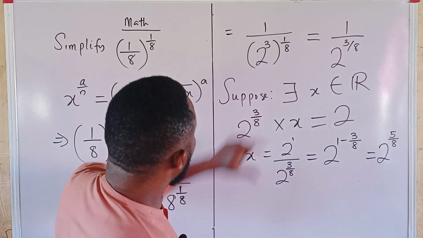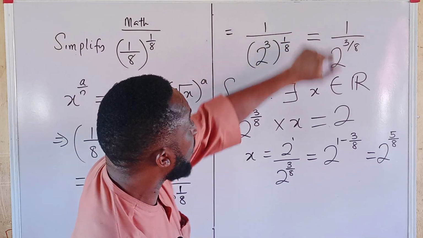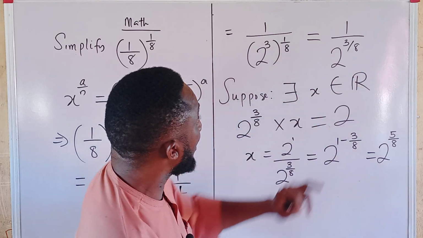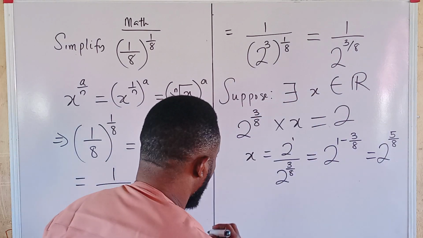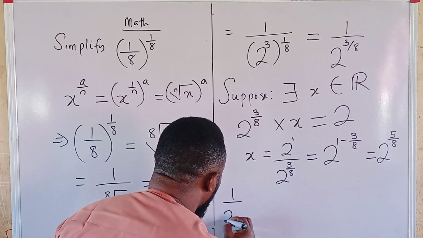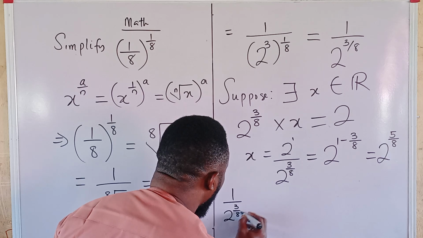Then I can pick this expression, which is 1 over 2 to the power of 3 upon 8, and rationalize it. So I'm going to have 1 all over 2 to the power of 3 upon 8.